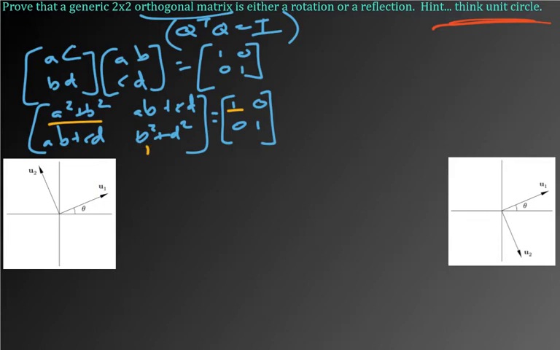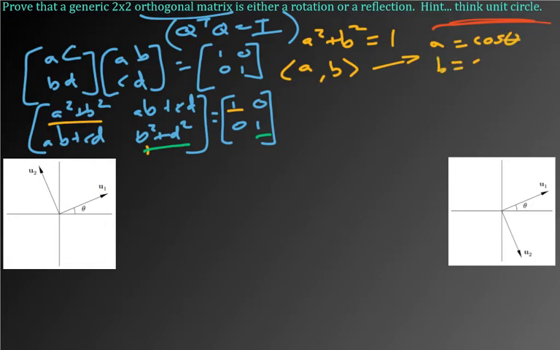If A squared plus B squared is equal to 1, then your vector AB could be identified as A equals cosine theta and B equals sine theta, because then A squared plus B squared is equal to 1.